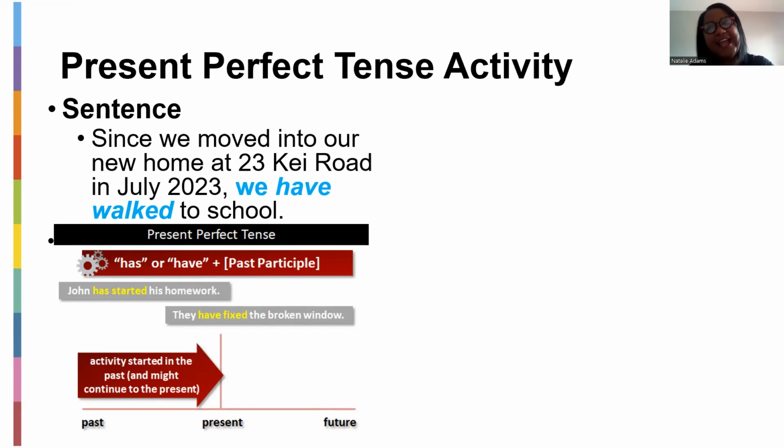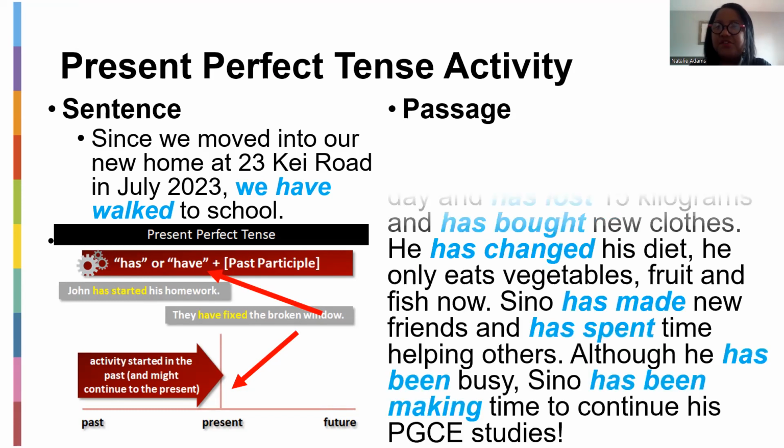Okay. "John has started his homework." So that's the rule. "They have fixed the broken window." Remember, when it's singular, it normally is "has." If it's plural, it will be "have." That's the rule. But now you are teaching the rule in a very different way, because now they can apply the rule in different situations.